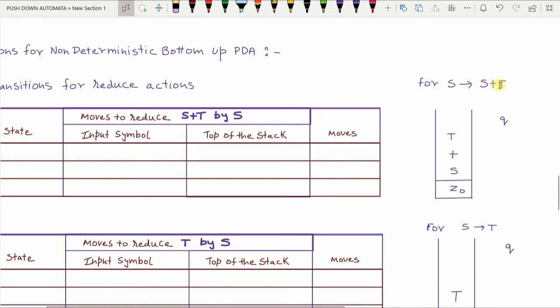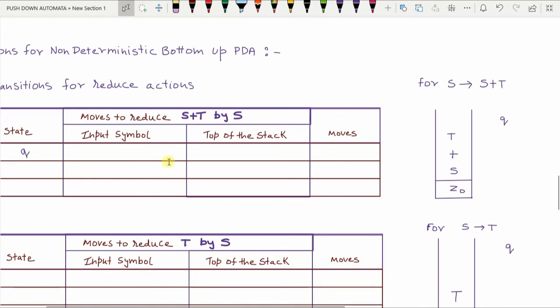Then S plus T is read from bottom to top, so the content of the stack for this production should be T plus S, because when T plus S is read from bottom to top, you get S plus T. Assume that we are in a particular state, say q. So the same thing I am going to write: in the transition table my current state is q.